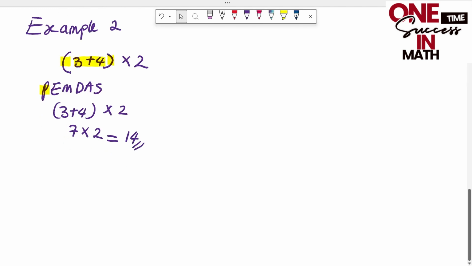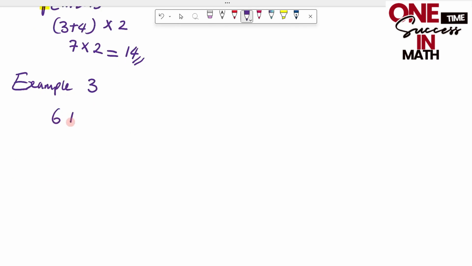Let's do another example. In this case, that will have an exponent, and that is our example 3. We have 6 plus 2 multiplied by 3 to the power of 2. Now, if you choose to go from right to left or from left to right, you get 2 different answers, but we are sticking to the universal agreement of order of operation, which is what?